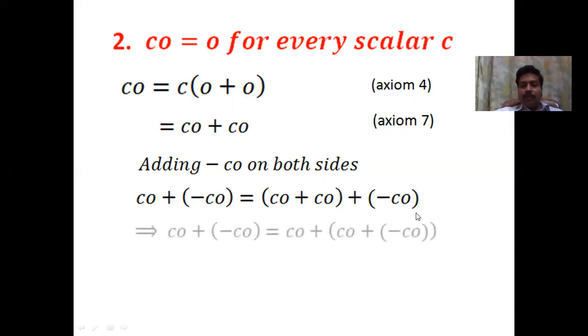Again, by associativity, we can interchange these brackets. This can be written as cO plus this vector. So instead of adding these two vectors first, we are adding the result of these two vectors to the cO. This is the associative property, which we have discussed earlier.